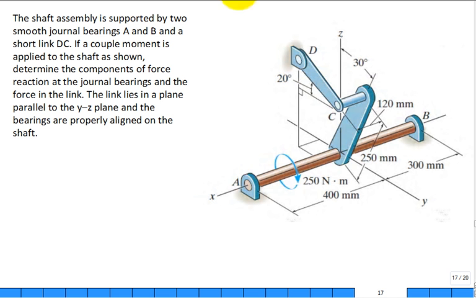What about the connection between this link C to D? Okay, here's our link C to D, right? So D looks like it's pinned to the rest of the world up here at D. And then C looks like it's connected at that point right here.